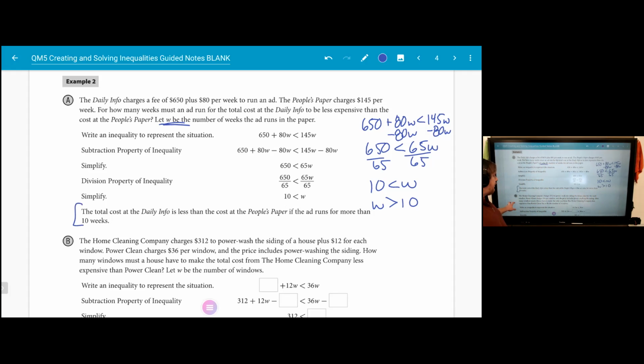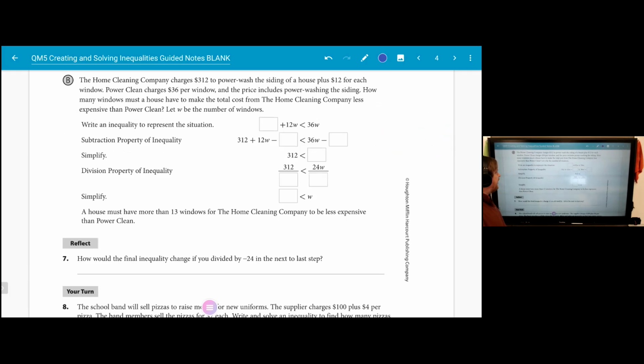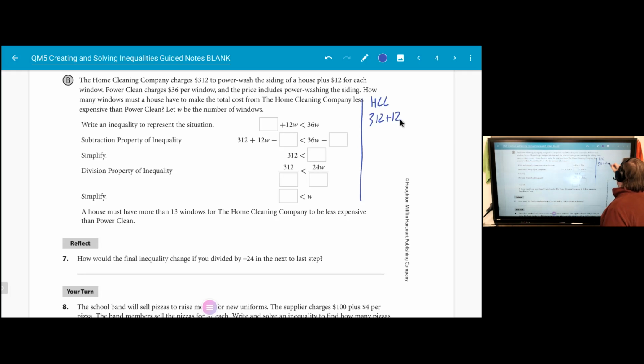Okay, let's make our own here. The home cleaning company charges $312 to power wash the siding of a house plus $12 for each window. So we've got the home cleaning company, HGC, that has $312 plus $12 per window. I like that. We've also got Power Clean. Power Clean, see, it sounds like powerlifting, right?